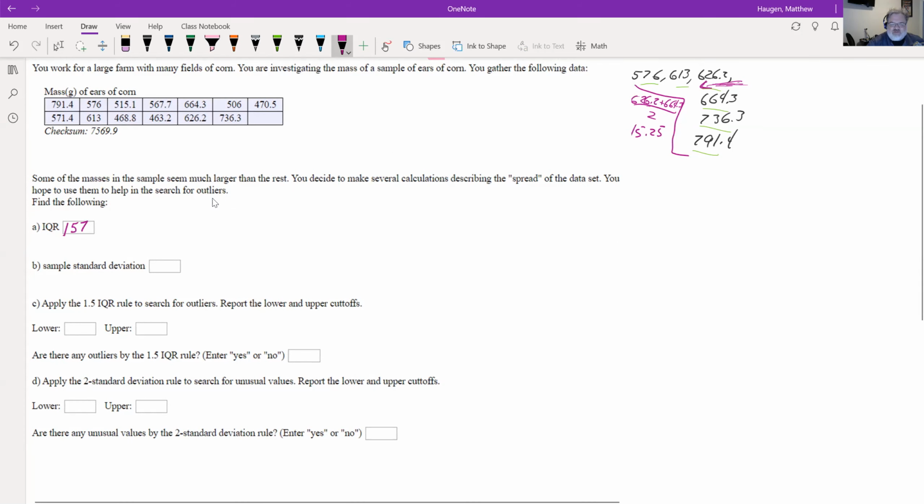So that was 157. That was 103, right? I don't know why it erased my stuff, but it did. The X bar was, what was it?